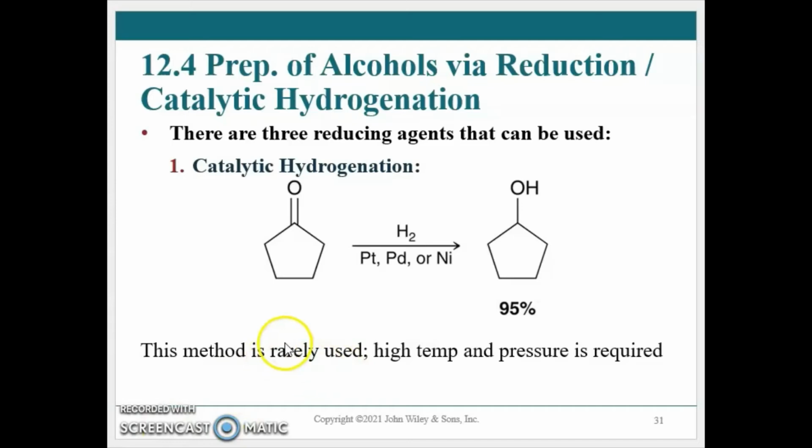So more commonly, a hydrogenation reaction is done under pressure. I'm going to show you a little video clip within this video just to show you what a hydrogenation apparatus looks like, so that if you ever see one, you're better able to get started with it.